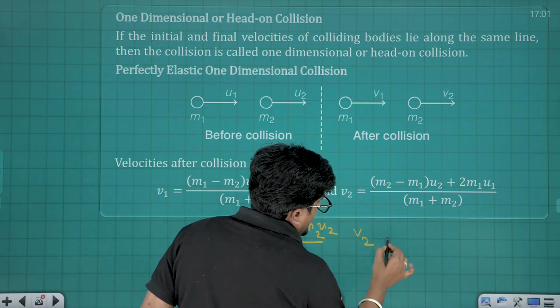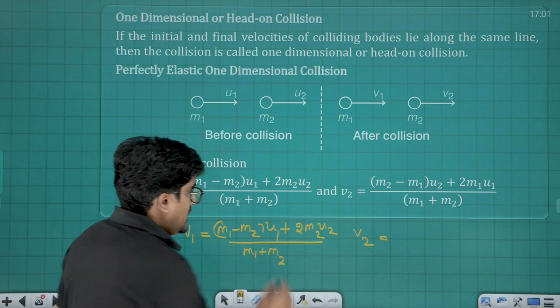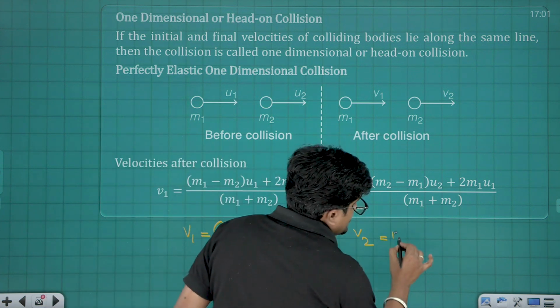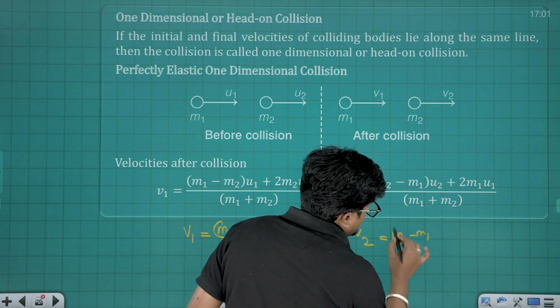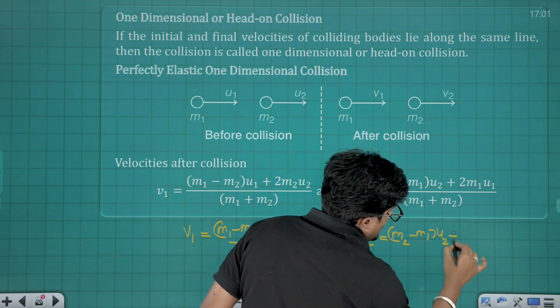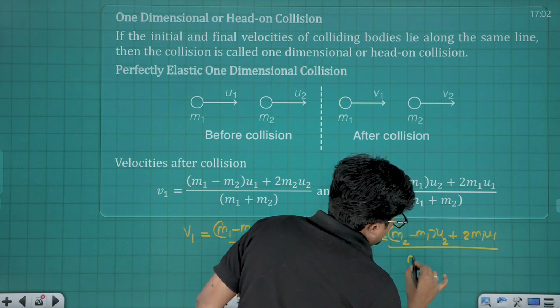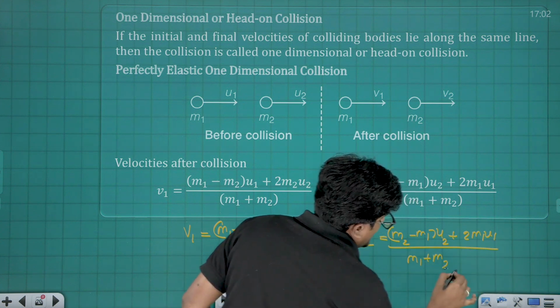And for v2, 1 will become 2 except this. So v2 is going to be m2 minus m1 into u2 plus 2 times m1 u1, all divided by m1 plus m2.